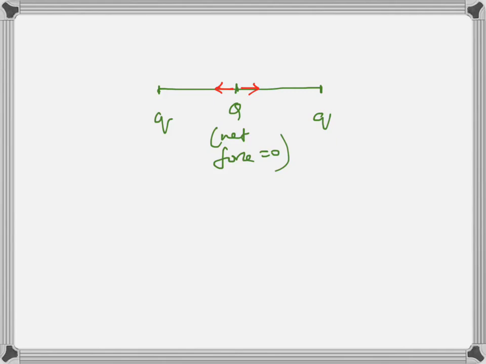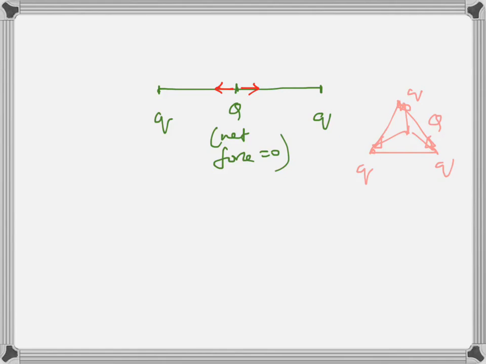Similarly, if I have three charges in the form of an equilateral triangle, like this, three charges at the corners of an equilateral triangle. If I keep a capital charge Q at the centroid of this triangle, net force on the central charge will be 0, because all these charges will equally pull that charge.